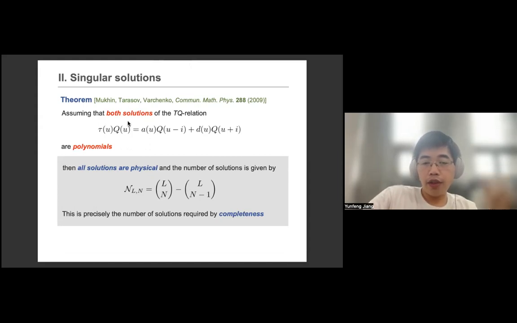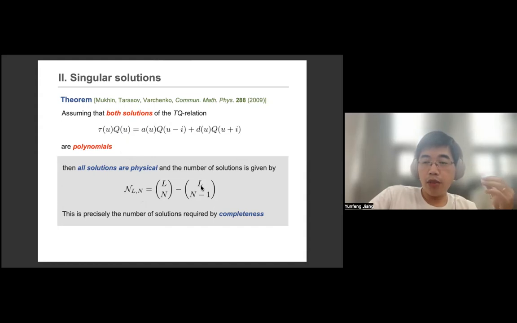They proved that if you assume that both P(u) and Q(u) are polynomials, then all the solutions to this TQ relation are physical. Namely, they correspond to the correct eigenstates of the transfer matrix. And they can even count the number of solutions. They found the number is given by this formula, for length L and M magnons. And this is precisely the number of solutions required by completeness.